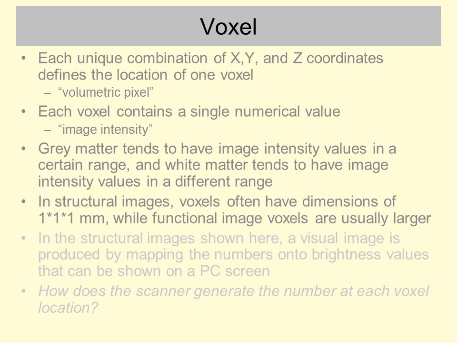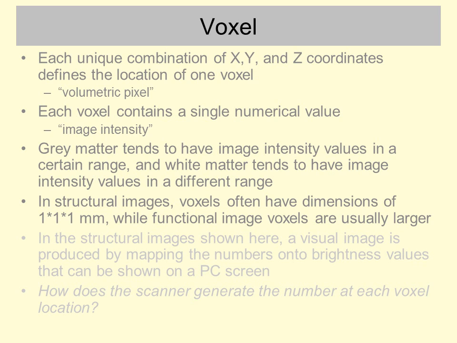How big is the space that each voxel occupies in the brain? Well, for the structural images of the sort I've been showing you, the MP-RAGE standard ones, it would typically be a 1 by 1 by 1 millimeter cube, while in the functional images that we haven't looked at yet, it's generally a larger cube. A very typical number would be 3 millimeters by 3 millimeters by 3 millimeters.